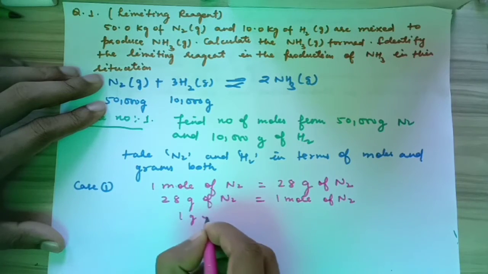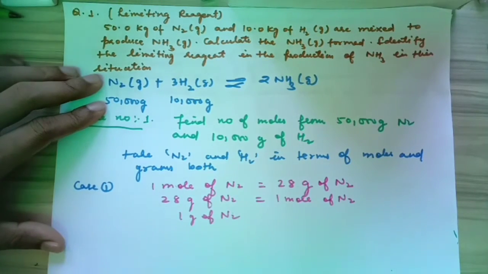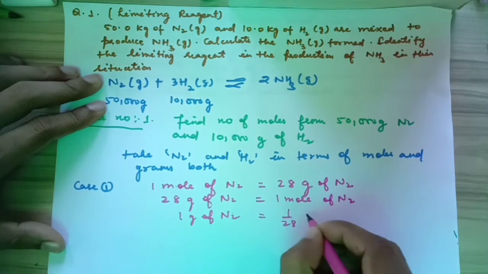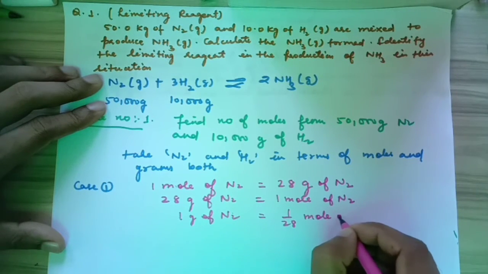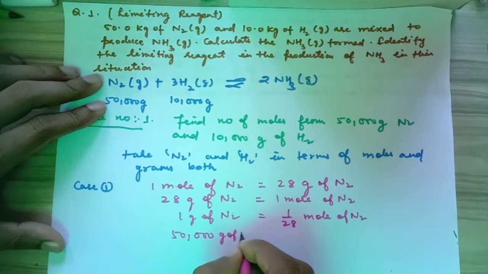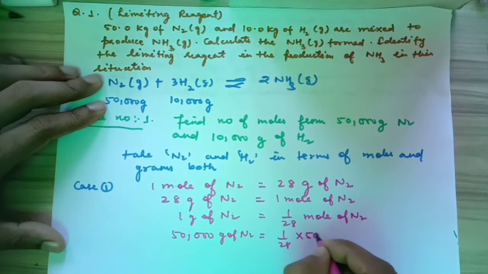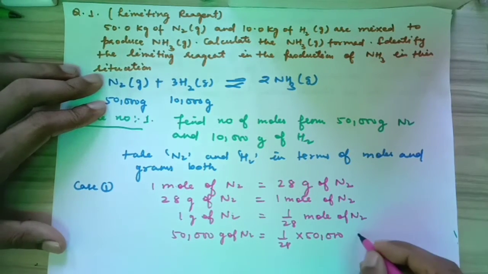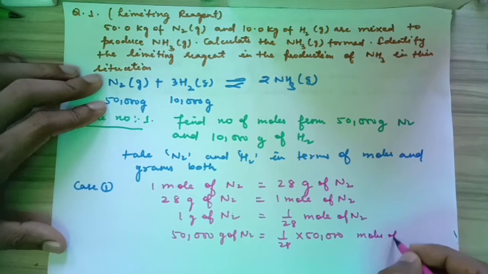So 1 gram of N2 will give us 1 by 28 moles of N2. So for 50,000 gram of N2 we have to multiply it. It is just by the unitary method. So it is 50,000 by 28 moles of N2.